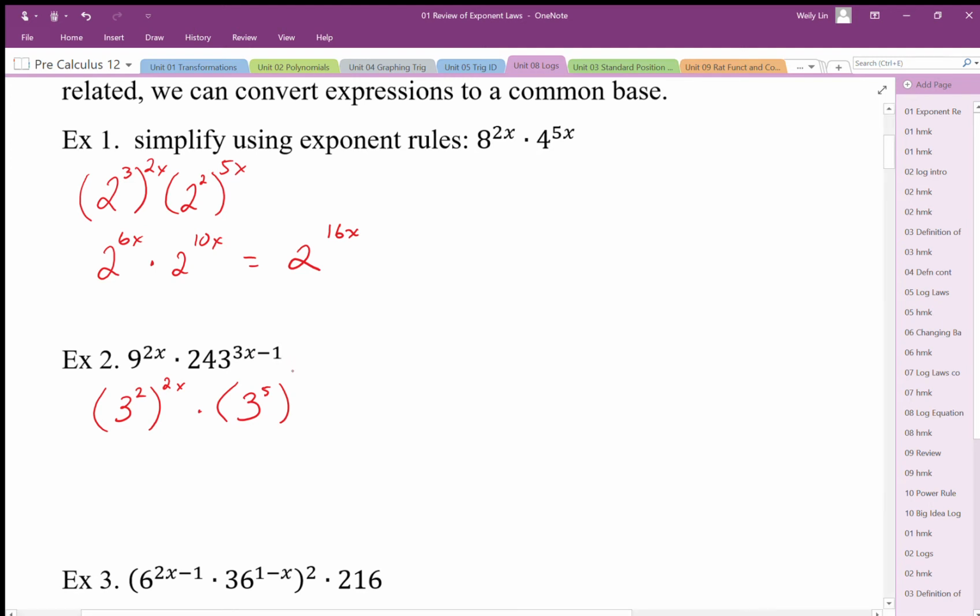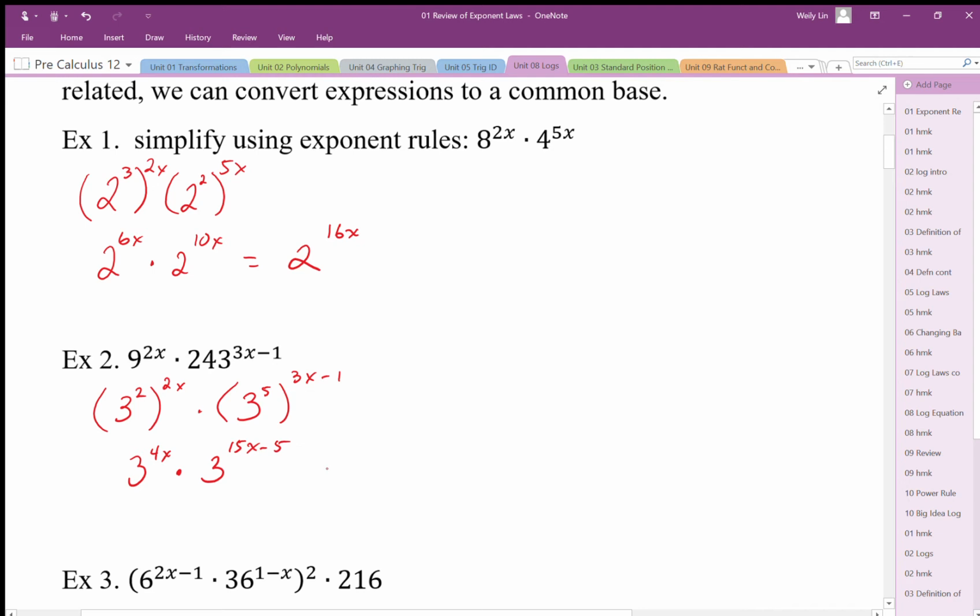Okay, so here we end up with these base 3 numbers. And since we have a common base, we can apply exponent rules to this. So I'm going to have 3 to the power 4x, 3 to the power 15x minus 5.